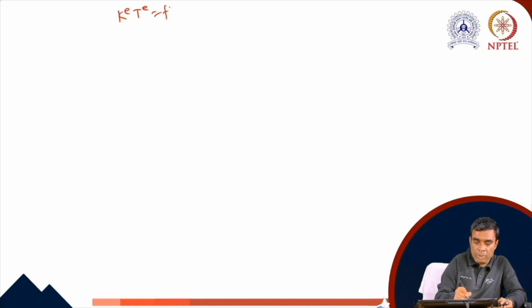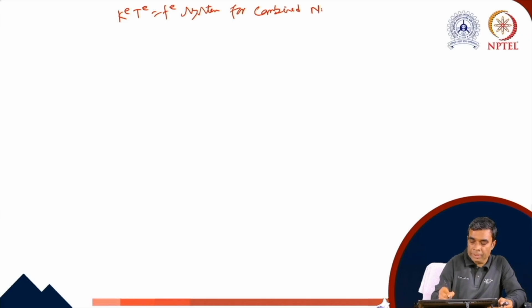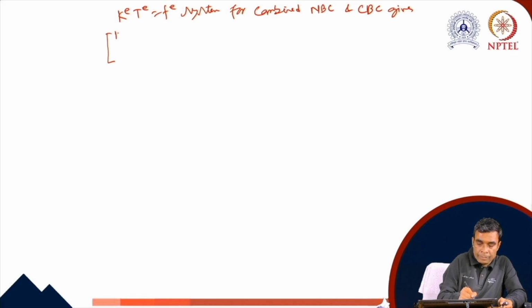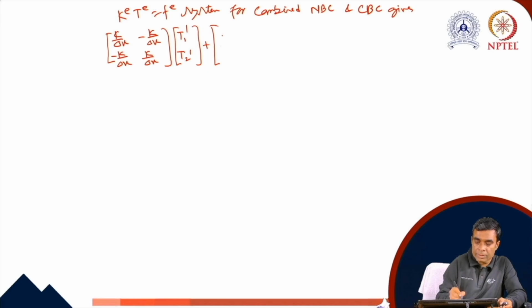KET equals FE system for the combined NBC and CBC gives K by delta X, minus K by delta X, minus K by delta X, K by delta X, times T11, T21, plus 0, 0, 0, H, the contribution from the convective boundary condition.